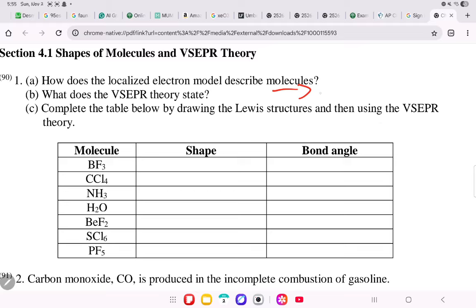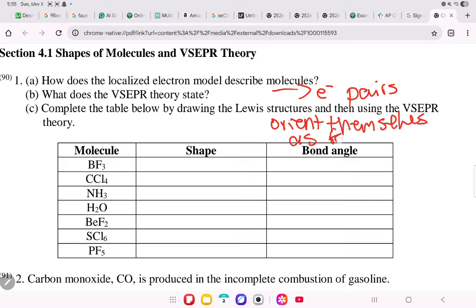We can say that electron pairs orient themselves as far as possible to reduce repulsion. This is the first thing that it states.